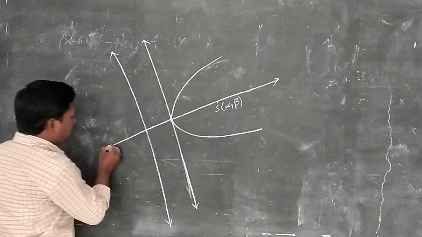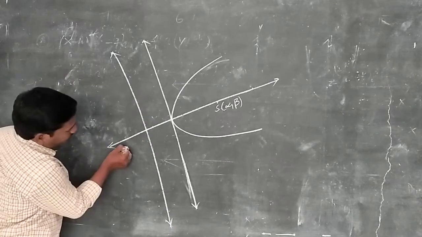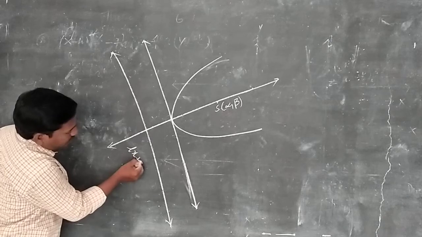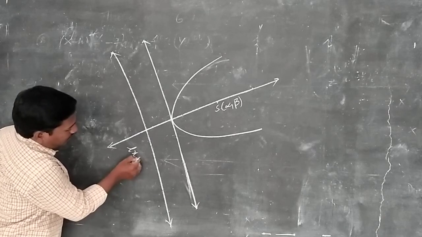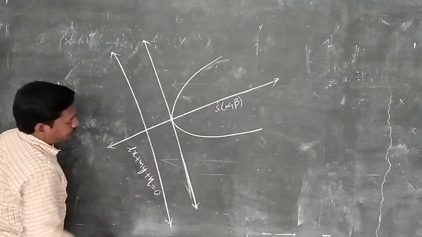The equation of the directrix is lx plus my plus n equal to 0.